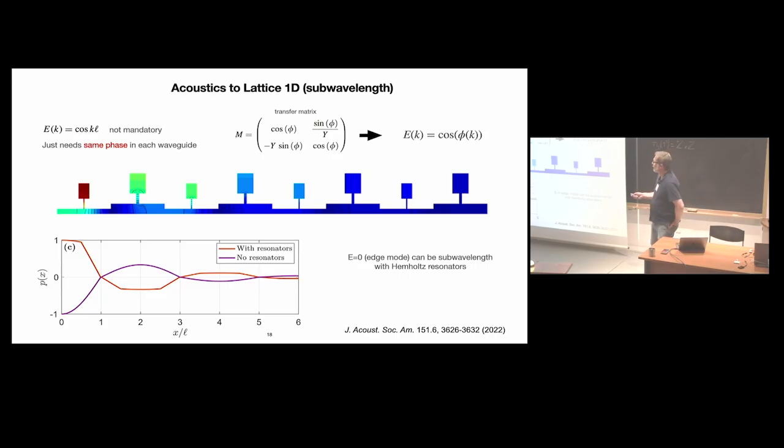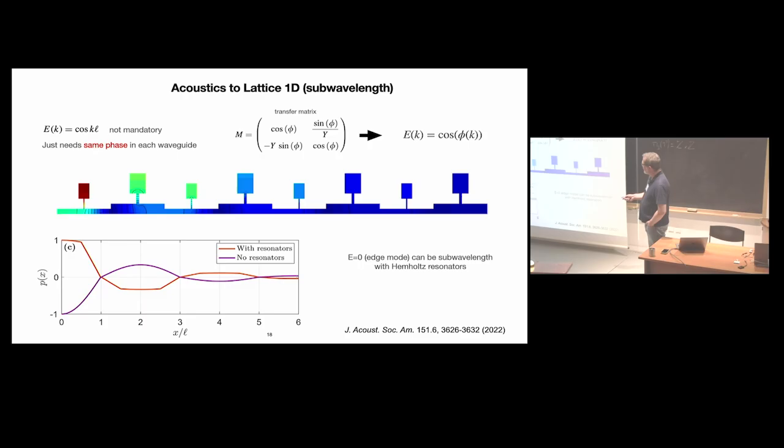Just a remark: here, due to this equilateral graph, where every segment is the same length, we have this direct mapping between the eigenenergy and the frequency. But it's not mandatory. In fact, we can equip each segment with anything we want, as long as the phase in each segment is the same. KL is the phase in one segment when there is nothing inside, but we can put a resonator as well, and that's what is shown here.